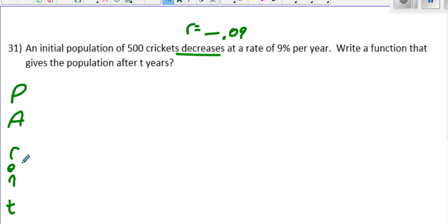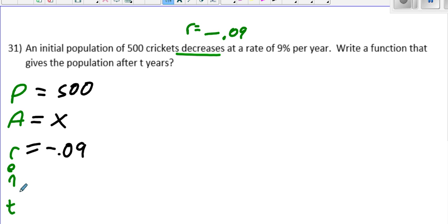I'll explain a way to think about it. So it's the word parent. P is your initial population. So we're starting with 500. A is how much is left at the end, the amount at the end. That's what we don't know. That's x. r is negative 9%, so negative 0.09.